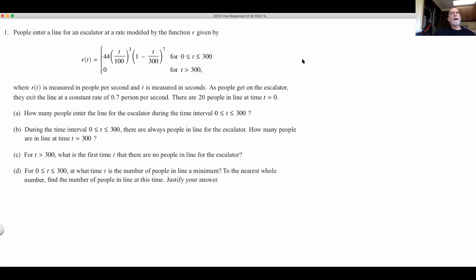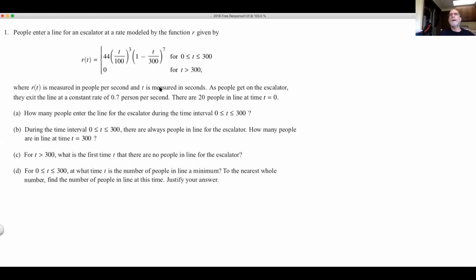Back when you could go to Shields, sometimes you see people wait in line to go up that escalator. So people staying in line for an escalator are getting on the escalator at this rate R of t, where R of t is measured in people per second, and t is measured in seconds.